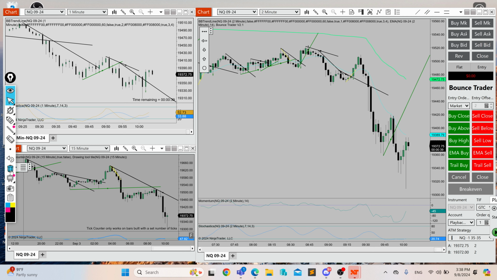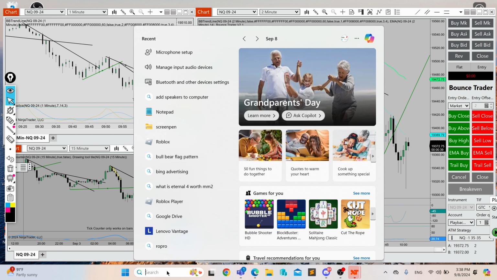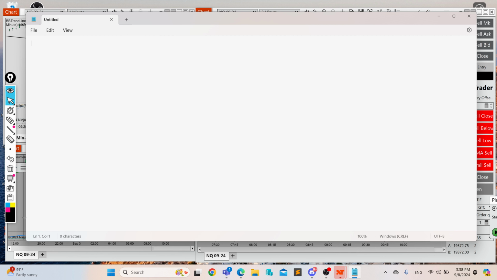let me just draw it. Where's that screen? No, it'll be this one. So basically, the flag pattern is when we have price go up, then we have consolidation.